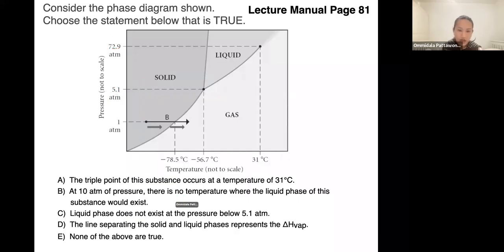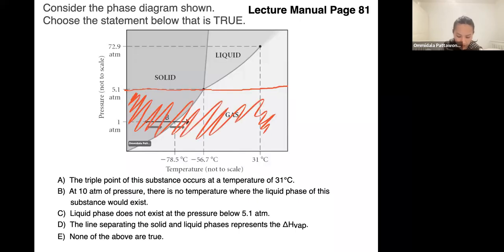Now let's take a look at C. C says the liquid phase does not exist at pressure below 5 atm. Is that true? This is 5.1 atm, and this is 5 atm. It says that below this pressure, anything below this, there is no liquid phase.